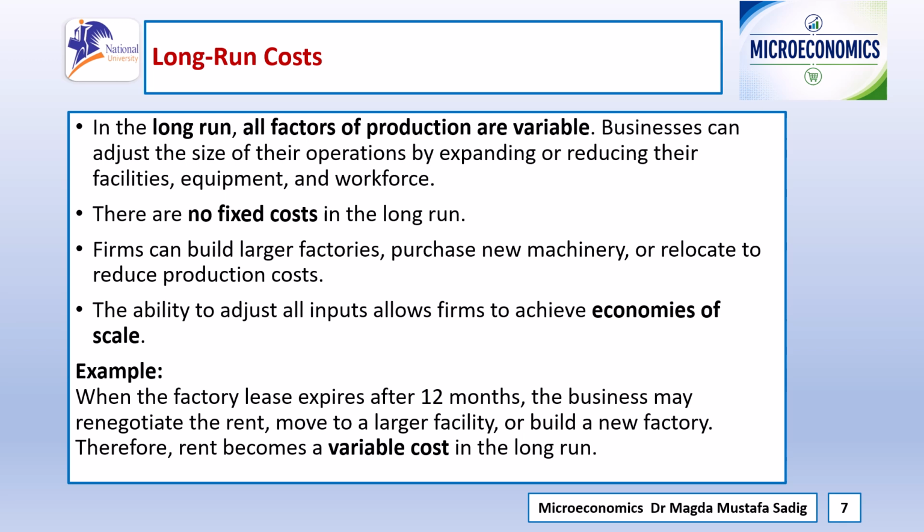This flexibility allows firms to operate at the most efficient scale. Example, when the bakery's 1-year lease expires, the owner may rent a larger building, build a new factory, relocate. Therefore, rent is no longer fixed.